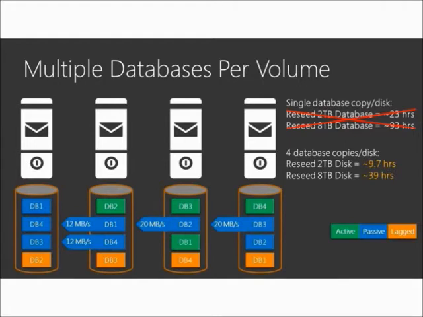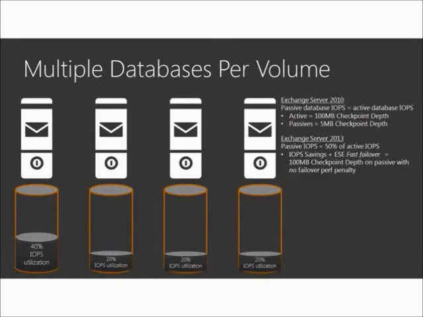The example shows 4 DAG servers with 4 database copies per disk, and because the reseeding takes place from multiple copies, we get an improved throughput from the remaining database servers, achieving about 9.7, or should we call that 10 hours for a 2 terabyte disk, and 39 hours for an 8 terabyte disk. Note the differences. We're talking about 2 terabyte and 8 terabyte disks with multiple databases on them, and that's reduced reseed time.